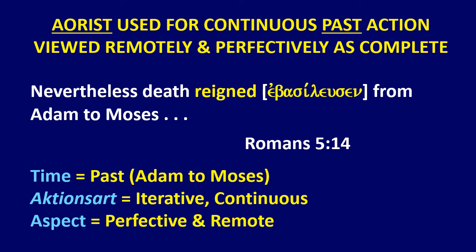Well, that's not necessarily true when you've got something continuous, a train of death, in other words, from Adam to Moses. And when it comes to aspect, again, here, it's very clear in this context that Paul is writing from the vantage point of looking back into time. So it's perfective and it's remote.